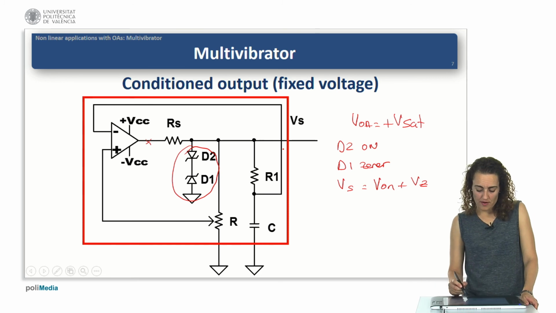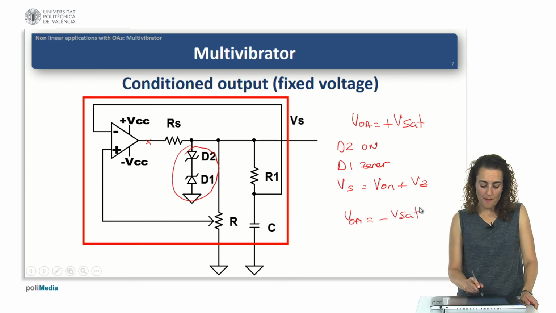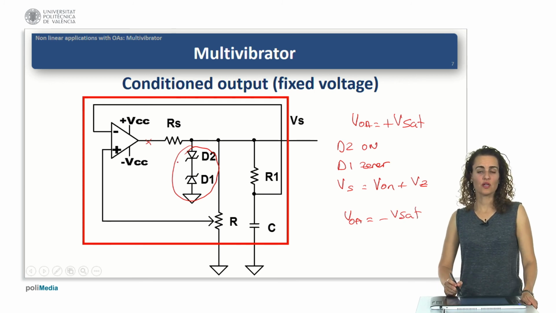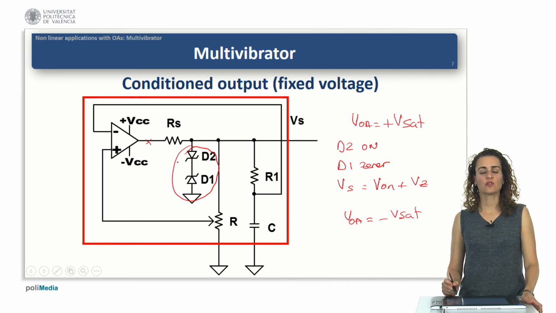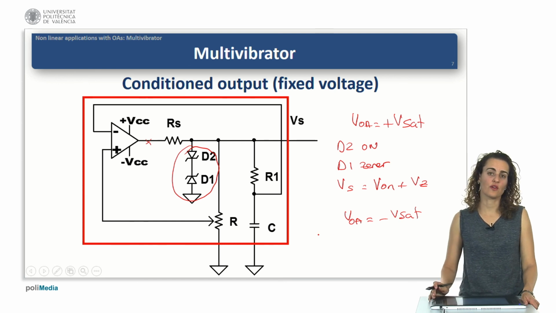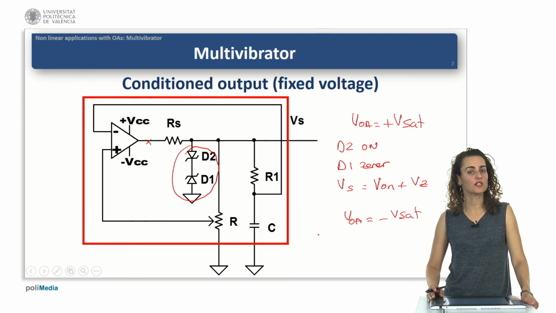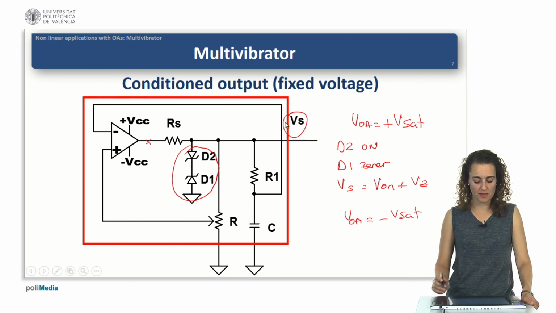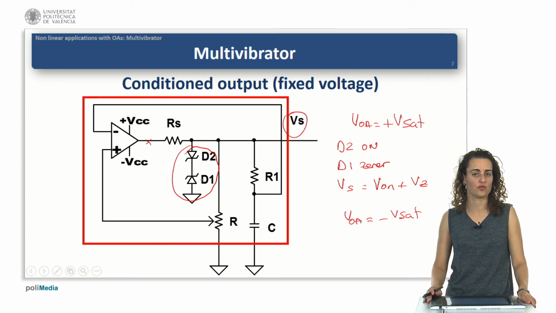And when the operational amplifier is at minus Vsat, I will have minus the diode voltage minus the Zener voltage. So this would be the same voltage but negative. This is another case of a multivibrator circuit in which Vs can be regulated by the voltages of the diodes.